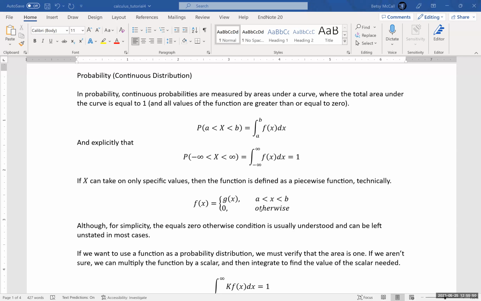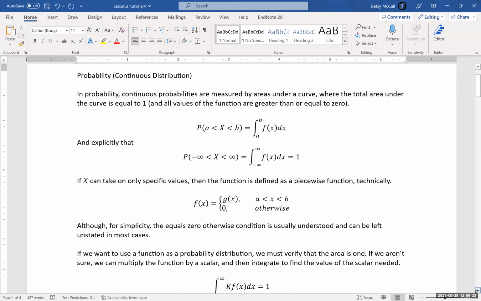So you will often see probability distributions with limits from negative infinity to infinity. Those values outside where the probability is defined become zero. Integrating a function that is zero is zero. And so when you actually calculate the probability, you substitute only the bounds over which the function is defined, where the probability distribution is defined.